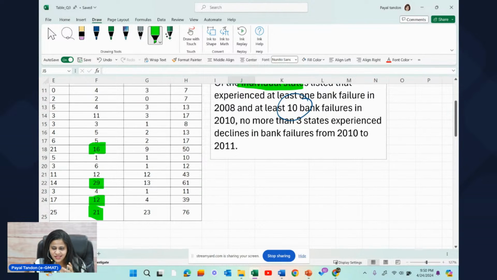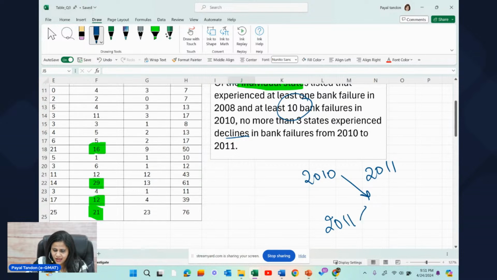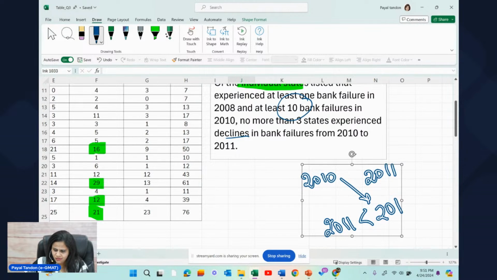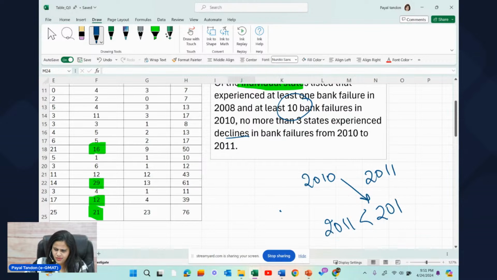No more than 3 states experience declines in bank failures from 2010 to 2011. What does that mean? That when I go from 2010 to 2011, no more than 3 experience decline. So I should be able to see that the 2011 number should be less than the 2010 number. That is what I should be able to see. Okay, right? So that is what's going on here.